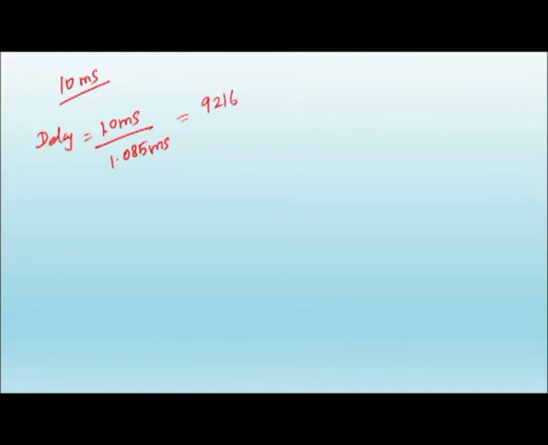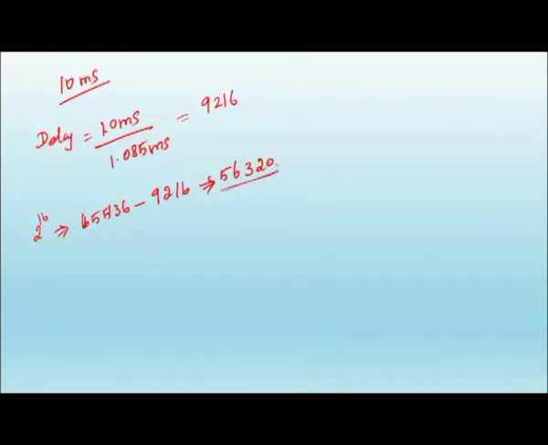If any fraction occurs, you take only the integer part. Now, to initialize, I take a 16 bit counter, 2 power 16, which is 65536, minus the given value 9216. After subtracting, I get the value as 56320. This is a decimal value.